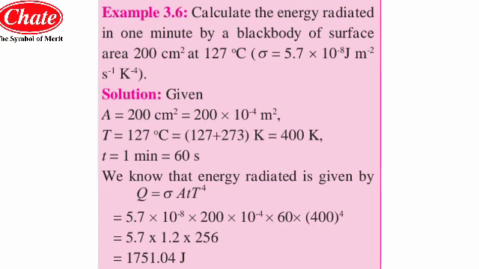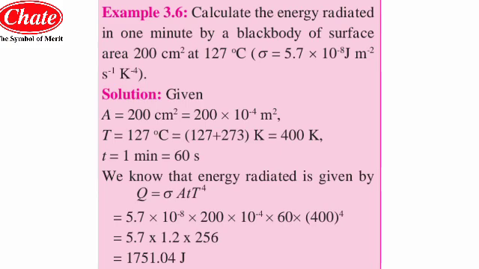So simply we will put the values. Sigma has the value 5.7 into 10 to the power of minus 8. Then the surface area in meter square is 200 into 10 to the power of minus 4.